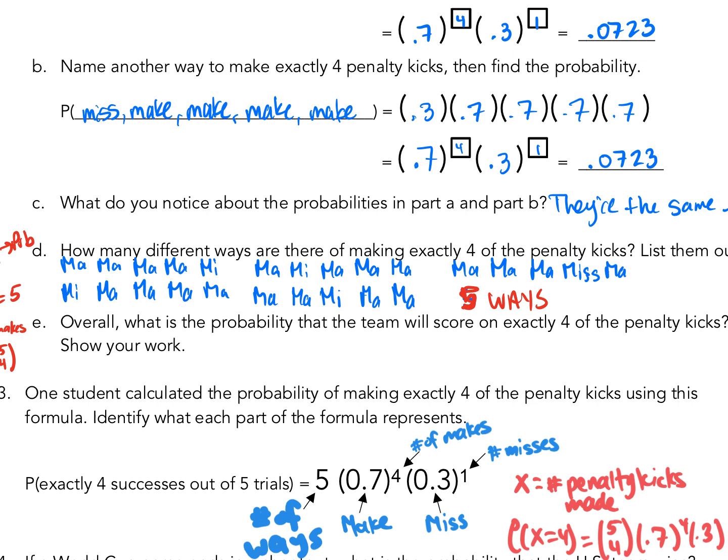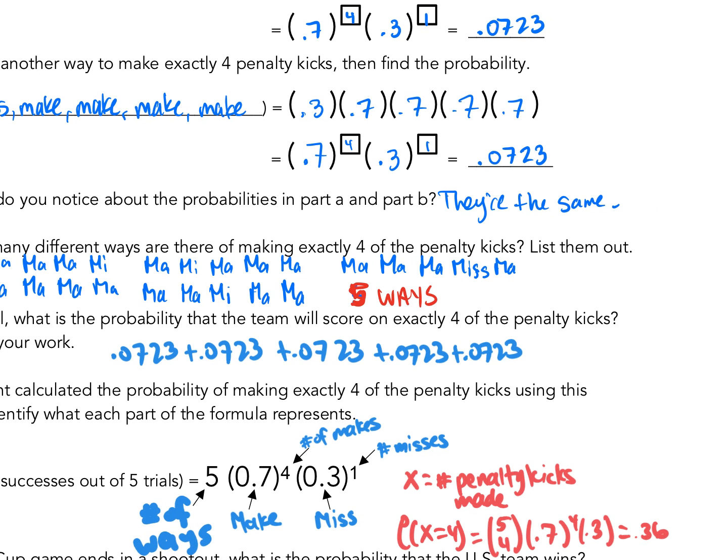So up here, we're just going to take our 0.0723 plus 0.0723 plus 0.0723 plus 0.0723 plus 0.0723, or we're just going to multiply that value by 5. Okay, so if I go to my calculator, it is about 0.3615.